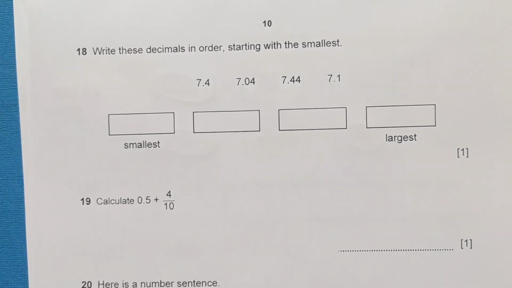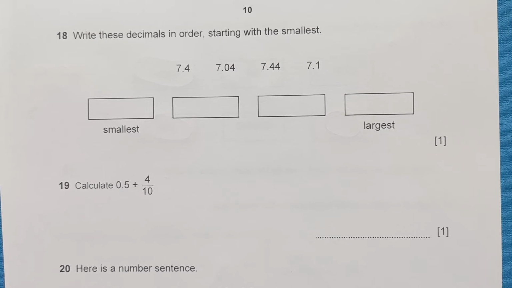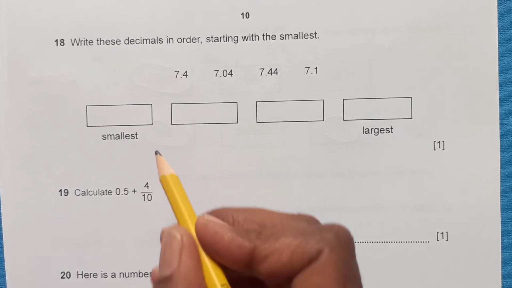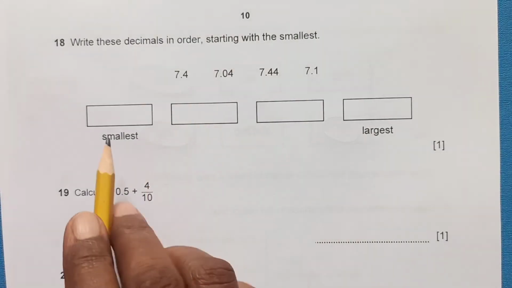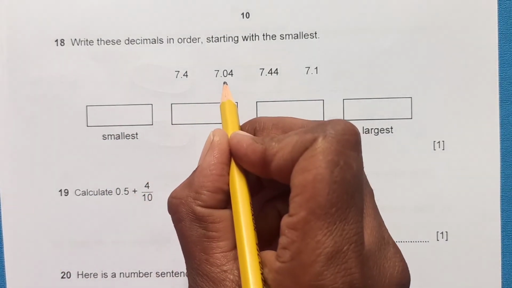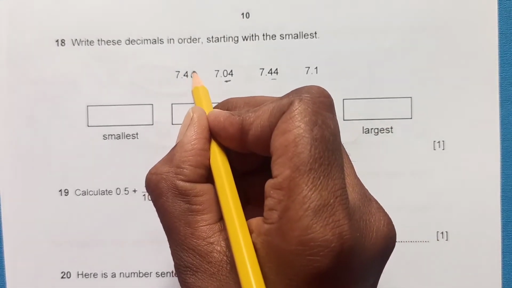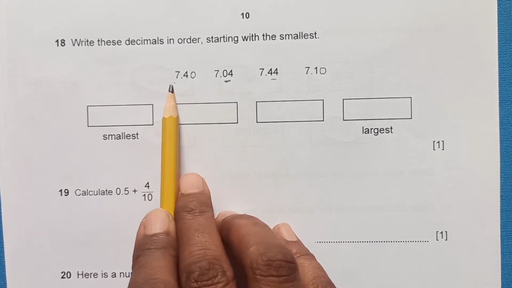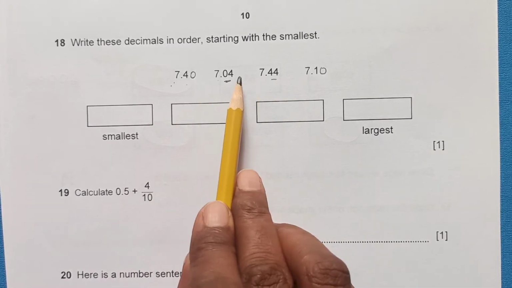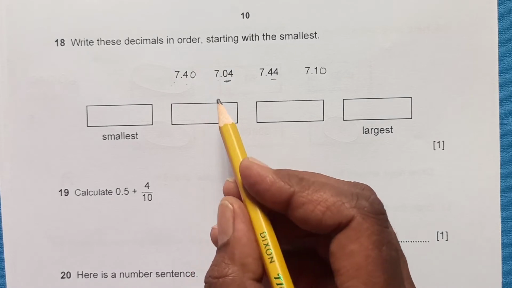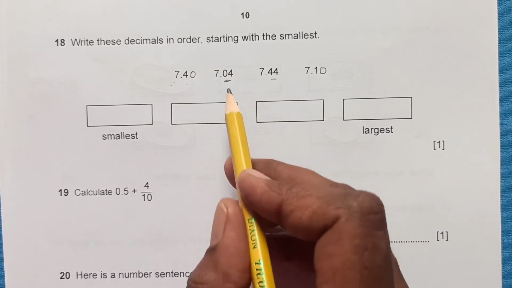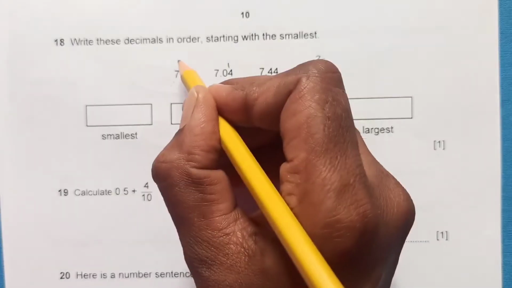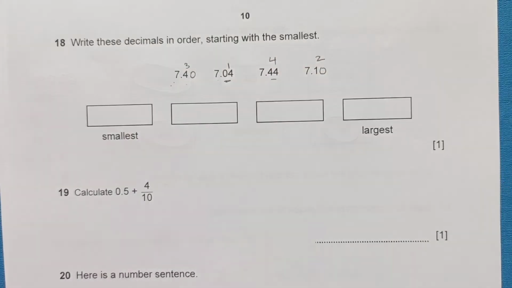Question 18. Write these decimals in order starting with the smallest. Our answer should be in the original form. The maximum is 2 decimal digits, so we can add 0 to make 2 digits. Now it's easy because the whole number is the same, it's 7. So we look at the decimal part. The smallest is 04, after that 10, 40 and 44.